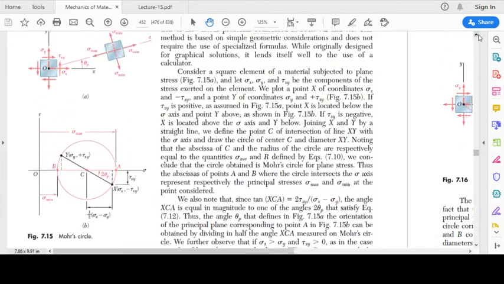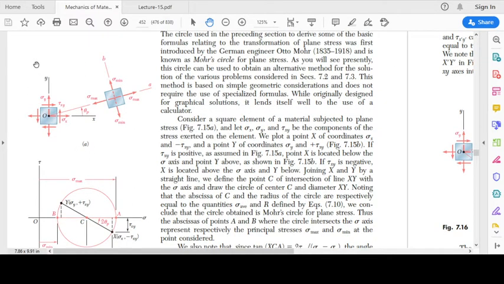You can see the two planes here. This is the sigma x and sigma y plane. So the given stresses are sigma x, tau xy, and sigma y, and these are the principal planes. This is theta p. This vertical plane is making an angle of theta p with the vertical plane, and this horizontal plane is making an angle of theta p with the horizontal plane.